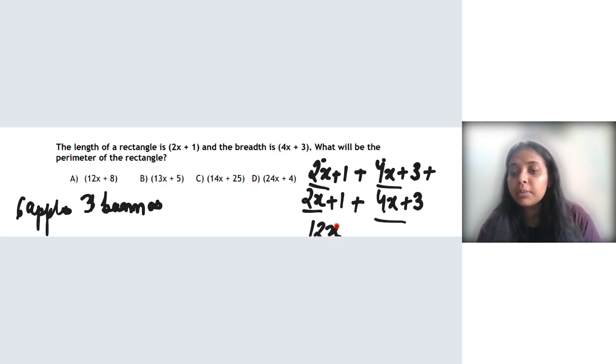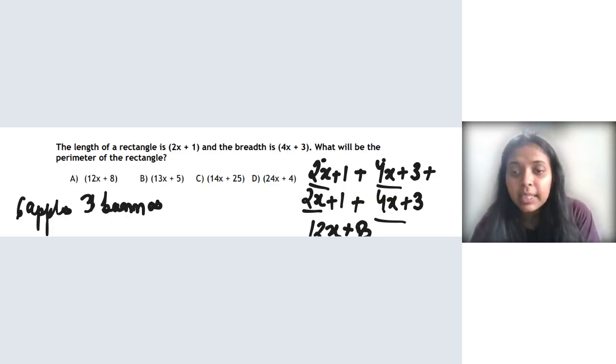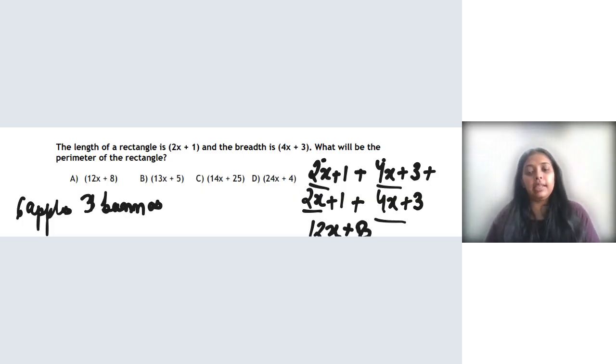And what about the other numbers? 8. So the perimeter will be 12x plus 8. That will be the perimeter of a rectangle.